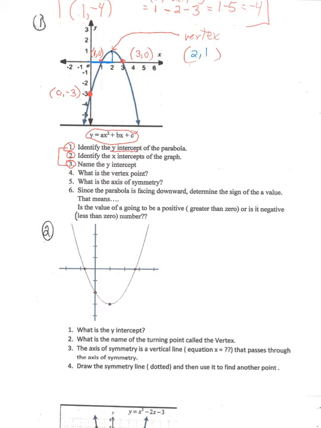So the vertex is 2, 1. Any questions there? All right. Also, notice that the vertex, if they asked you, is a maximum. So the point is 2, 1.